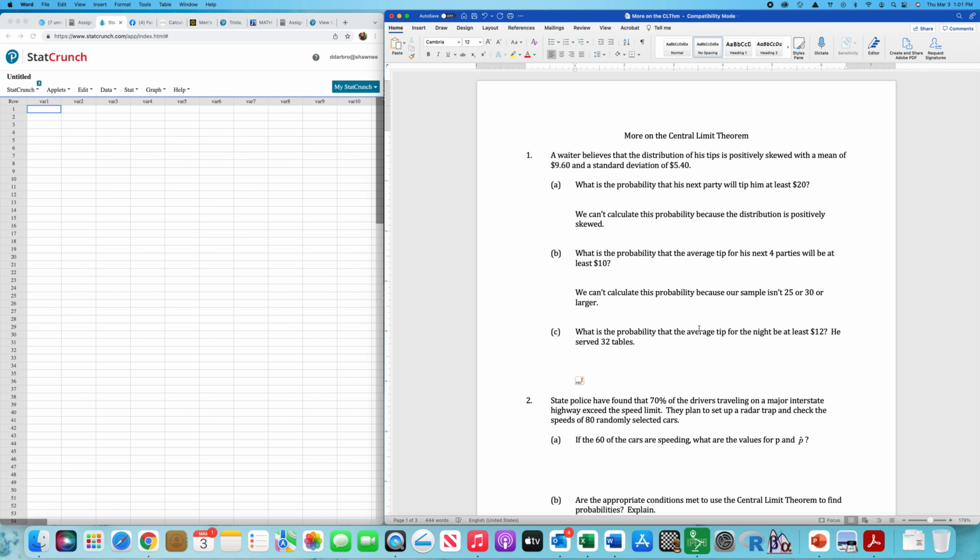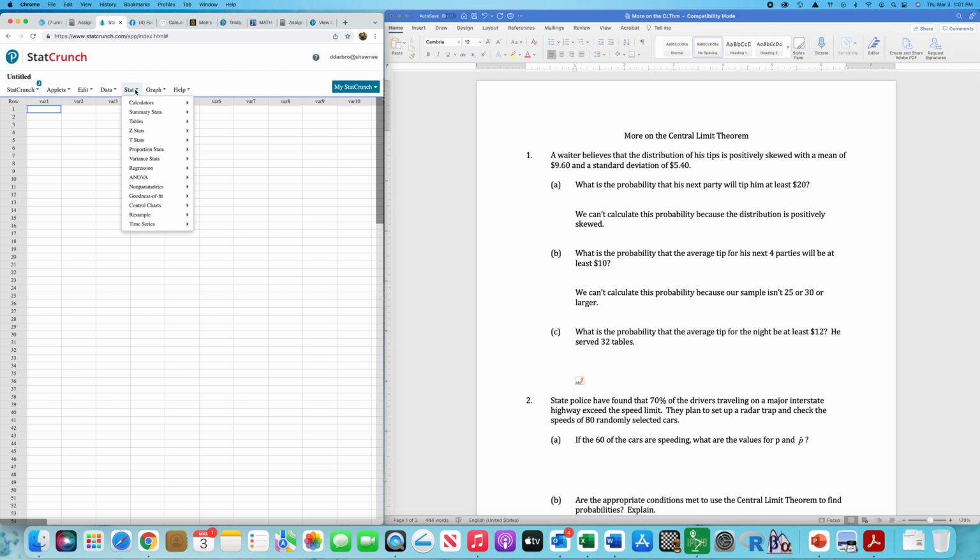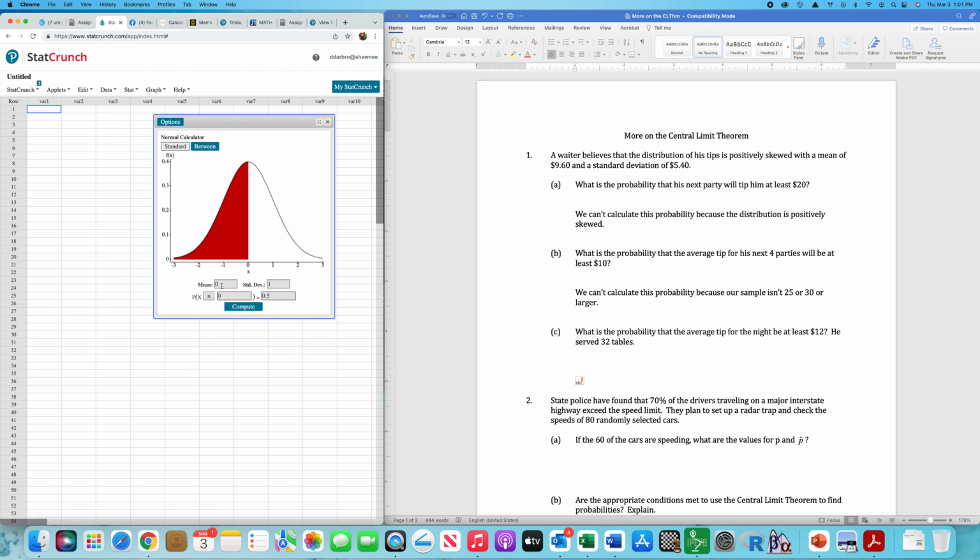Now, what is the probability the average tip for the night will be at least $12? He served 32 tables, so we have 32, which is greater than 25 or 30, so we can proceed. So the normal distribution will apply. The mean is going to be $9.60. The standard deviation will be $5.40 divided by the square root of the 32 tables.